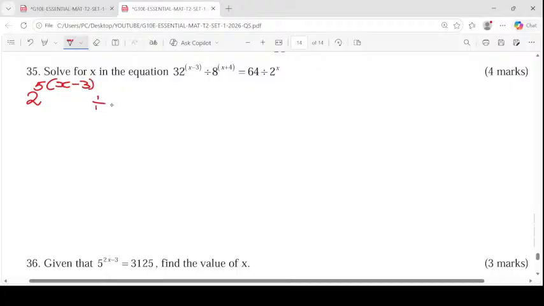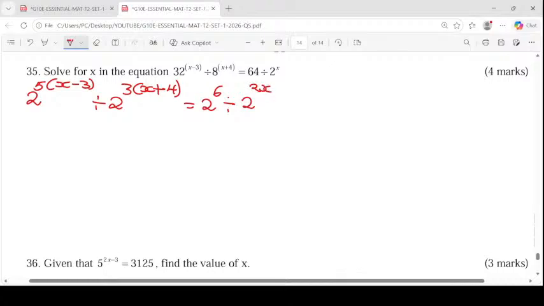Divide this by 8, which can be written as 2 to the power of 3, into x plus 4. This should be equivalent to 64, which can be written as 2 power 6, divided by 2 power x.